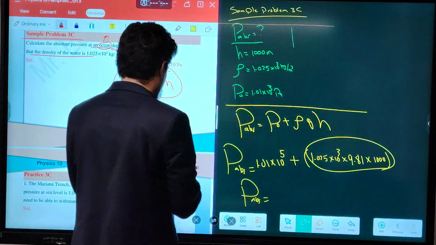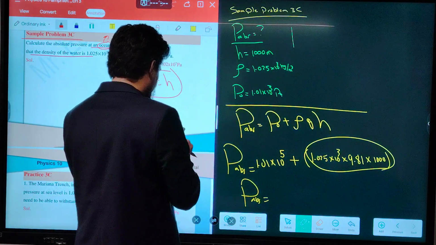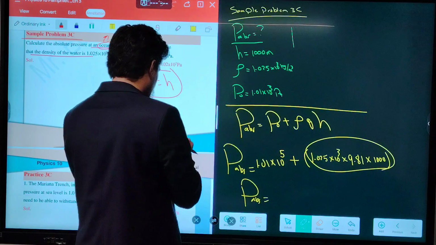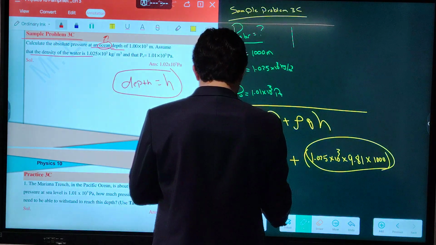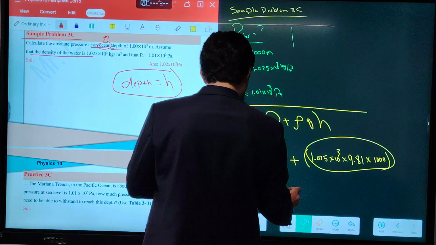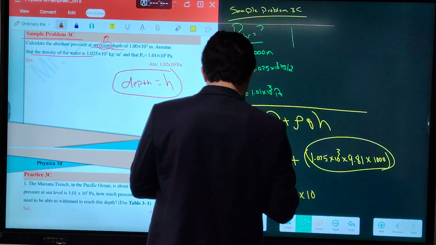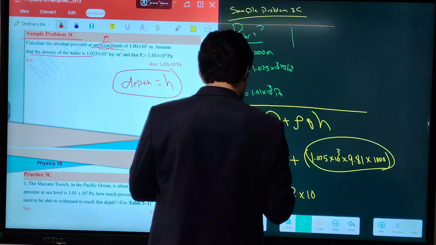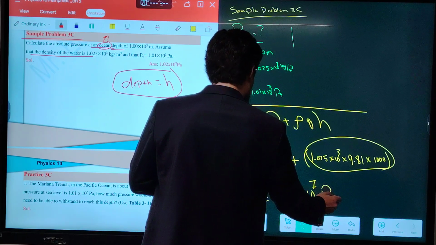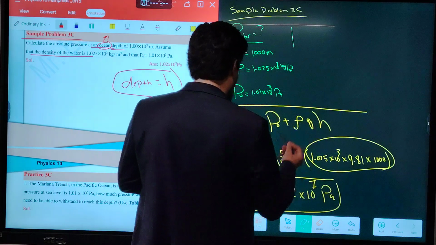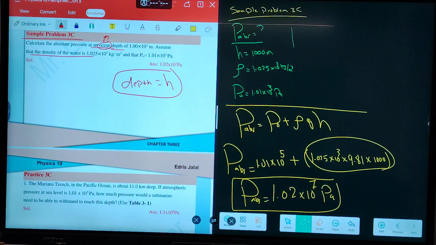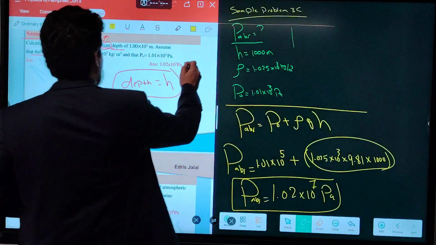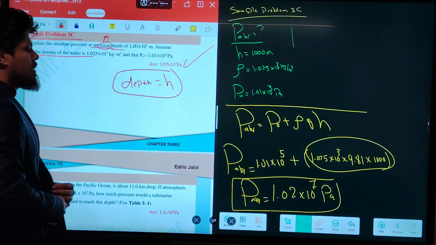After that you can add this number, 1.01 times 10 power 5, using shift and log. So I got the absolute pressure 1.02 times 10 power 7 Pascal. Exactly the same thing.